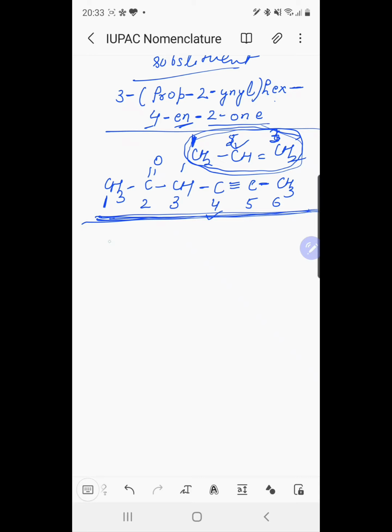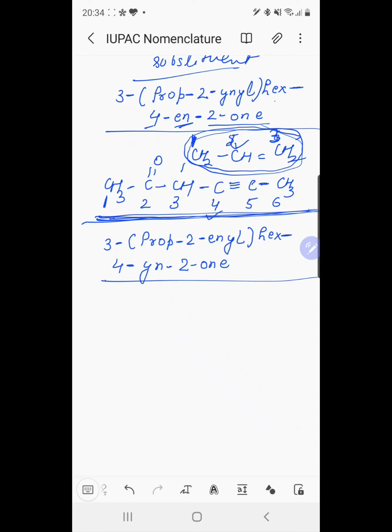So the basic name is hexane. At the 3rd position we have prop-2-enyl, then it is a hex derivative, hex-4-yn-2-one. This is the name of this compound.